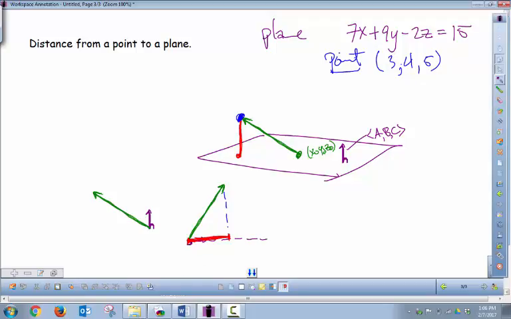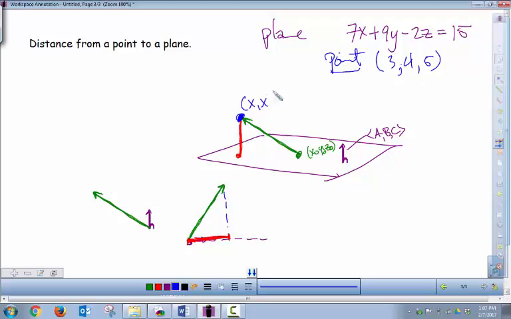Okay, so now since we are working with this, we have to actually identify this new point as, instead of 3, 4, 5, let's make it random point x1, y1, z1 this time. So x naught, y naught, z naught is on the plane. x1, y1, z1 is not on the plane, and we're trying to find a distance from the plane to that point.